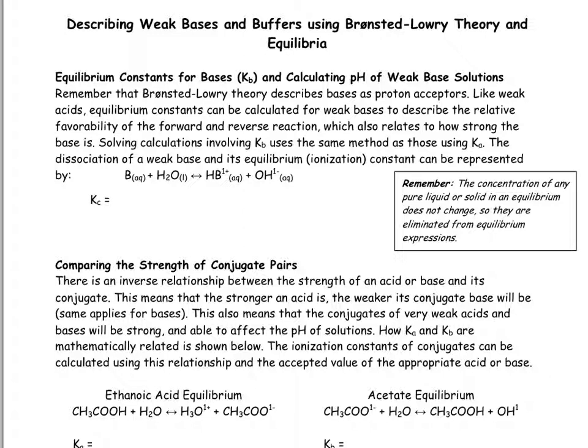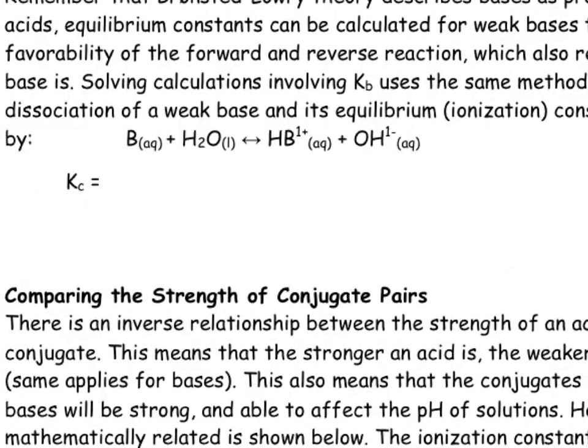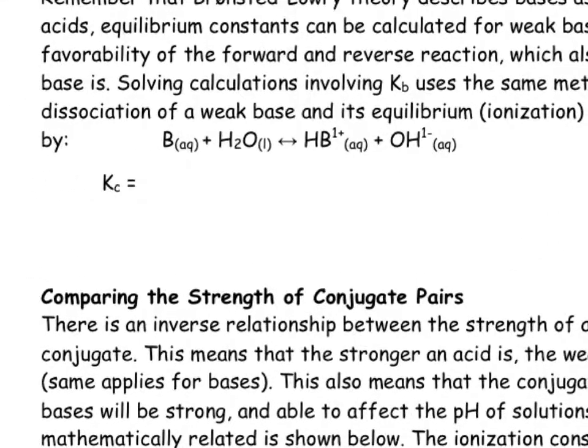The dissociation of a weak base and its equilibrium or ionization constant can be represented the following way. If B is representing the base, it will do a Bronsted-Lowry equilibrium with water and create a conjugate acid represented by HB+ and the conjugate base OH1-.